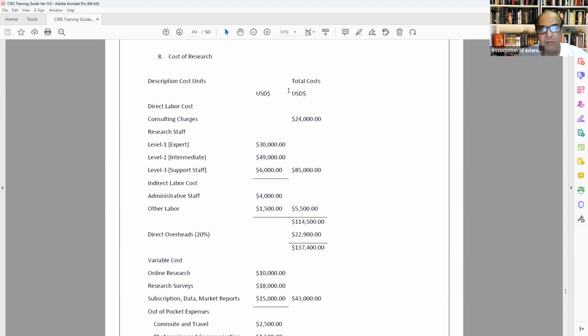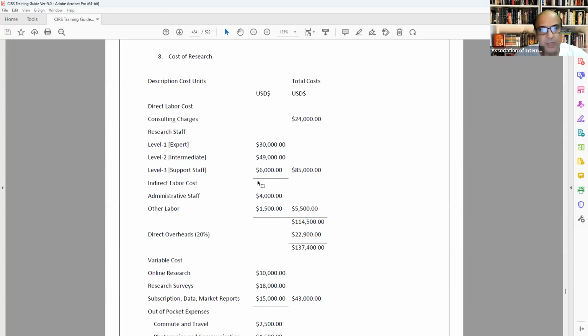Okay, so you've got here consulting charges, expert levels. In research work, there are different levels of expertise or different staff levels involved, so you have to separate them for the sake of costs.